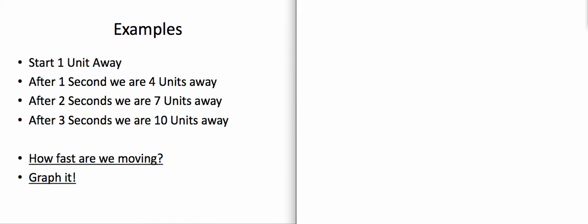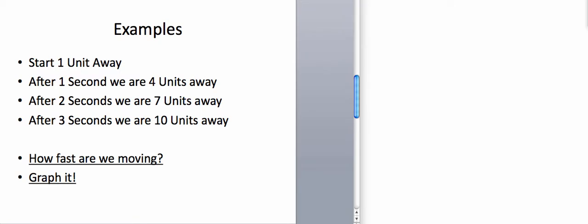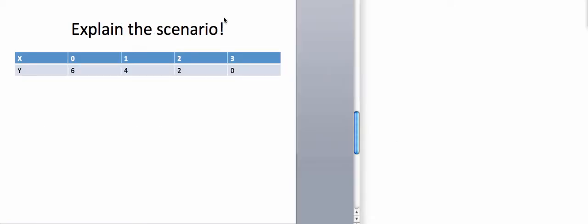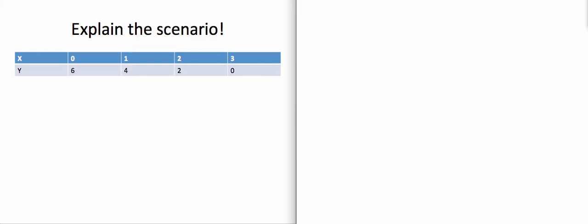Now what could also happen is we have that information, and they could say, okay, explain the scenario. They give a table, so explain what's actually happening. In this case, we've got this table here, and we're looking for our start value. We're starting at 0, we're 6 units away.